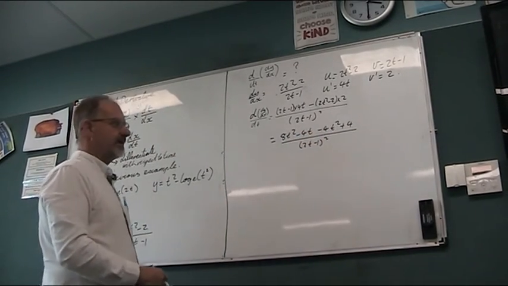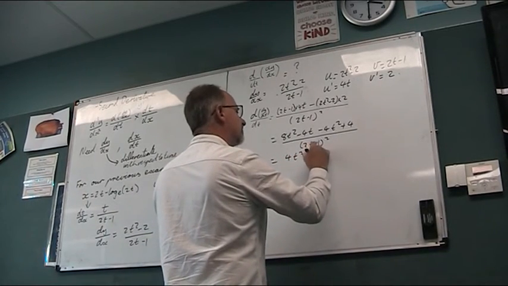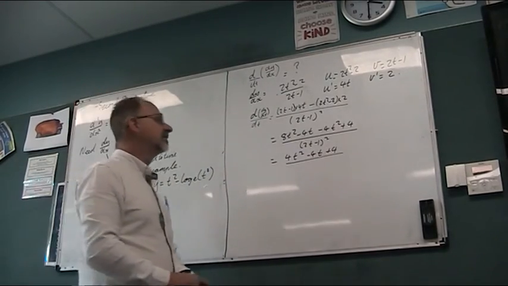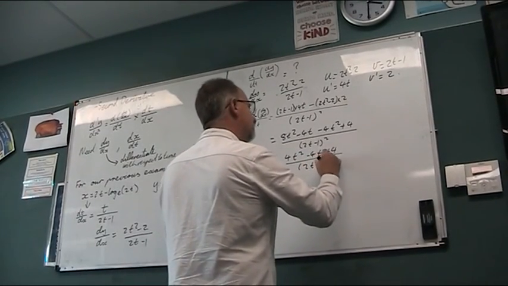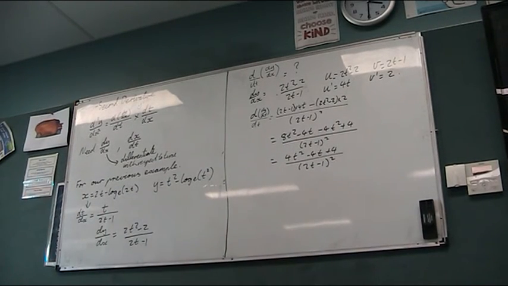A lot of mucking around here. So we've got 4t squared minus 4t plus 4, all over 2t minus 1 squared. Nothing useful there, is there?